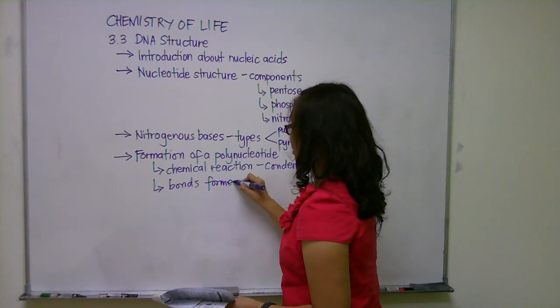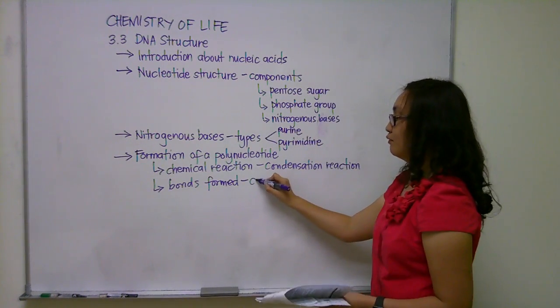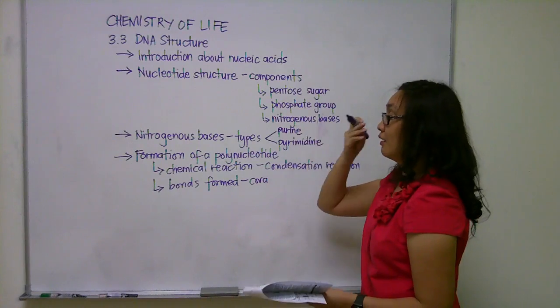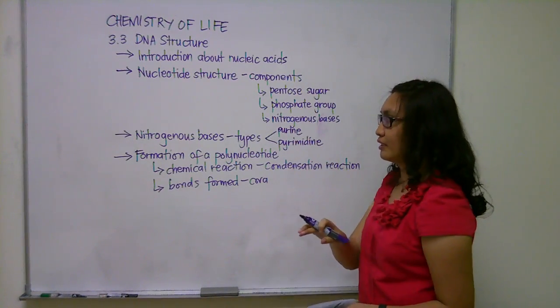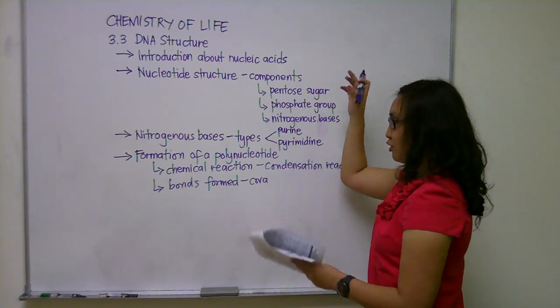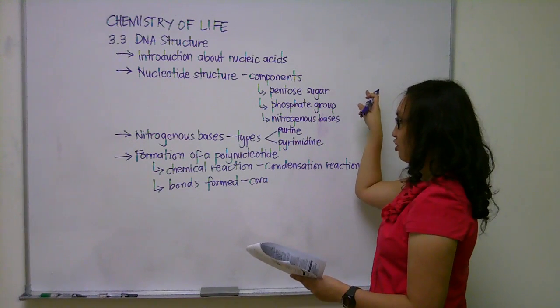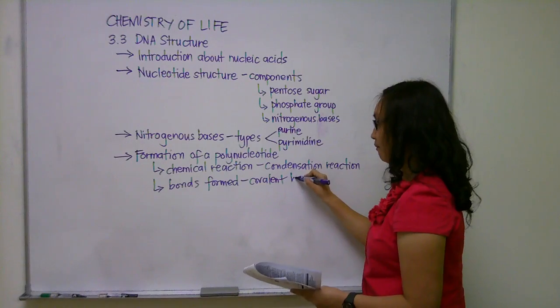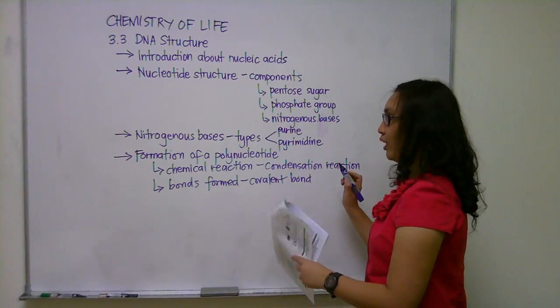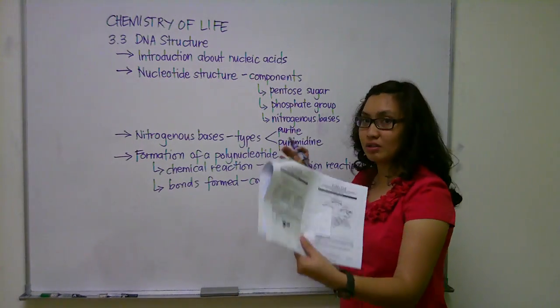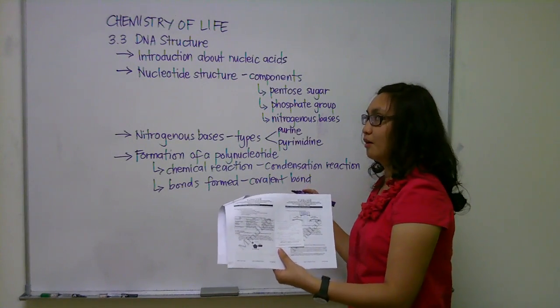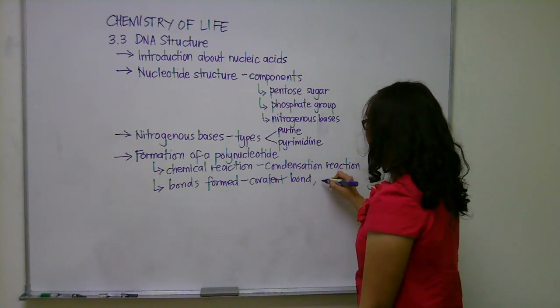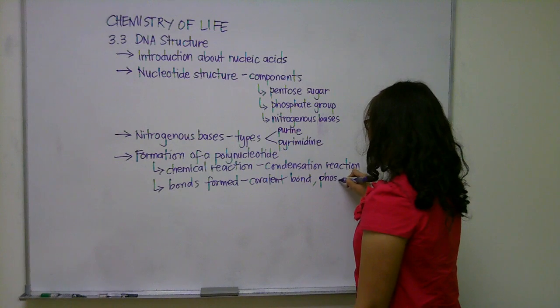Is it going to be covalent bonds? For example, the nucleotide components, pentose sugar, phosphate group and nitrogenous bases, are going to form covalent bonds. But if we condense nucleotide units together, it's going to form a different bond, which is what we call a phosphodiester bond.